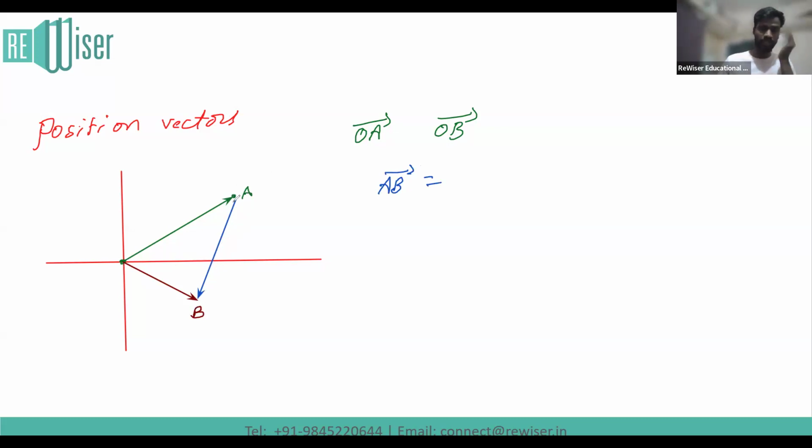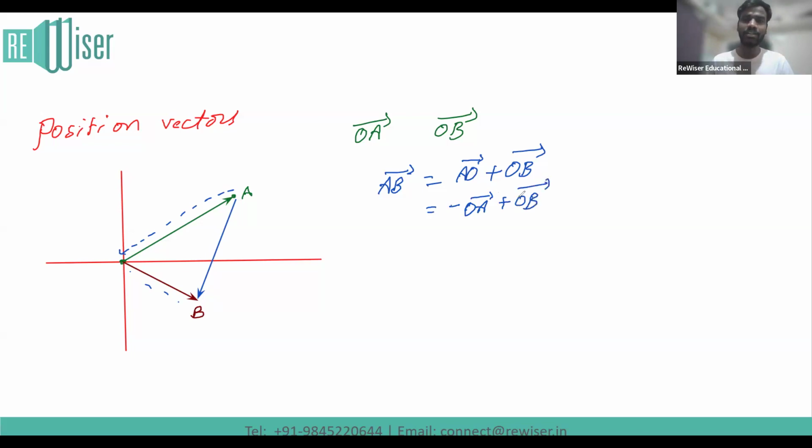If I want to reach A to B, I need to move from A to O, then O to B. So that's basically A to O plus O to B. A to O, by the opposite vector, is going to be the same as negative of O to A, plus O to B. So in general, if I talk about joining any two vectors, vector AB can always be written as O to B minus O to A. Similarly, vector CD is going to be O to D minus O to C. So this is how the position vector would look and joining two vectors.